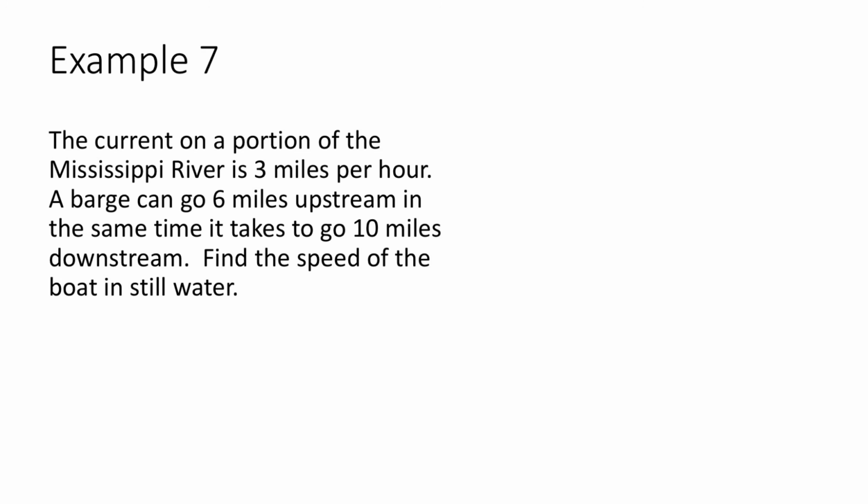So again, we're using our formula, rate times time equals distance. But in this scenario, we know something about the rate for each direction. When it's going upstream, it's going against the current. When it's going downstream, it's going with the current.